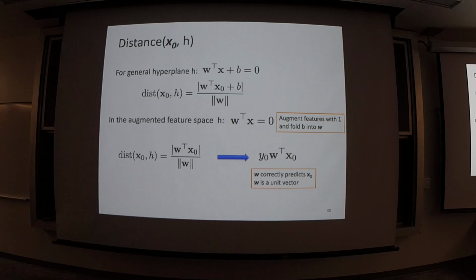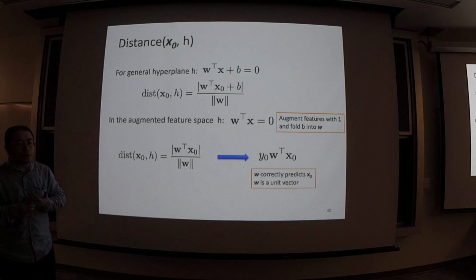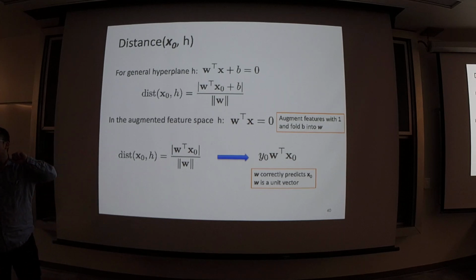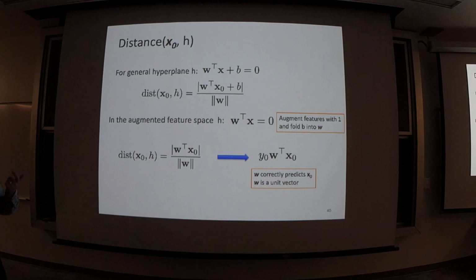And then, because we will introduce the perceptron algorithm mainly in the augmented feature space, we have already folded the bias parameter into the weight vector. That means we put b inside W, and also augment x with 1.